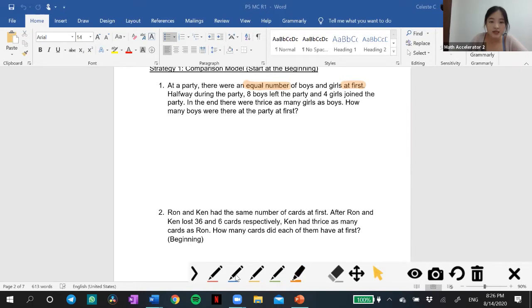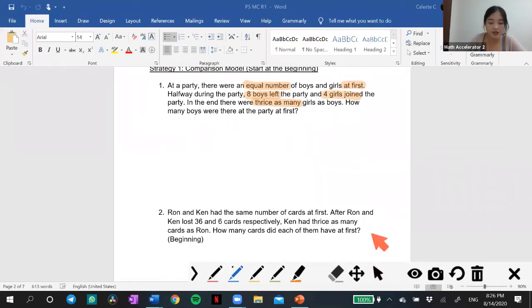In the end, there were twice as many girls as boys. So same thing here, underline or highlight: 8 boys left, 4 girls joined, twice as many girls as boys. How many boys were there at the party at first?